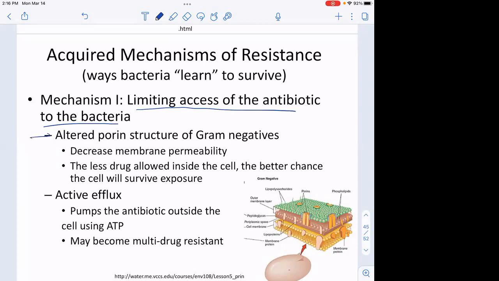One way is to alter the porin structure. Remember, gram-negatives have this outer membrane with lipopolysaccharide in it, as well as these membrane transport channels called porins.